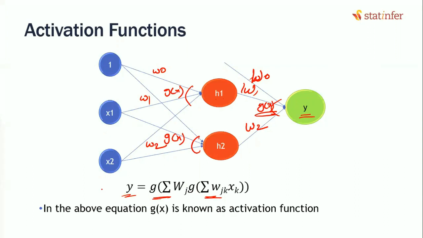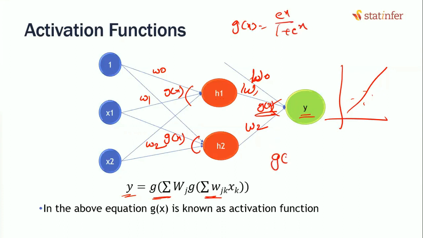Now, if the output is not classification, it is not 0 and 1, if it is a kind of regression approach, then what will be g of x? Until now, g of x is e power x by 1 plus e power x. For the linear case, g of x equal to x.